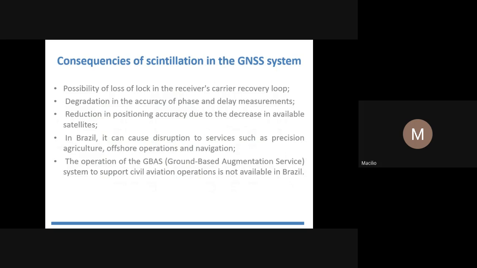Clearly, this distortion in the signal must have some consequence. Frequently, we can have loss of lock in the carrier recovery loop at the receiver. We have degradation in the measure of phase and delay.